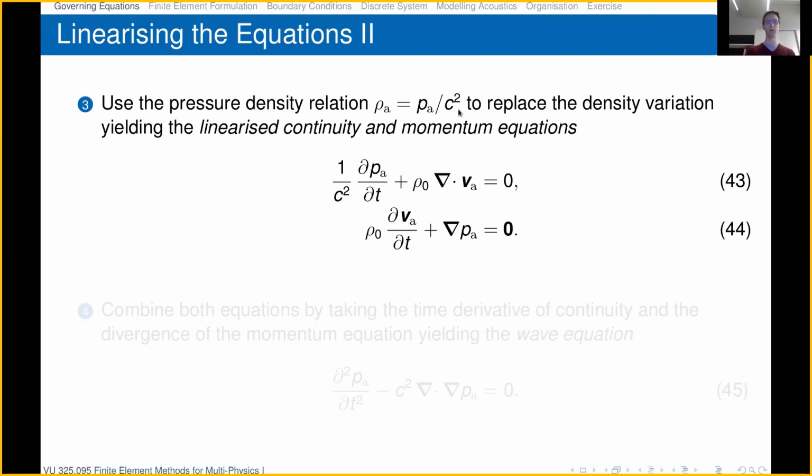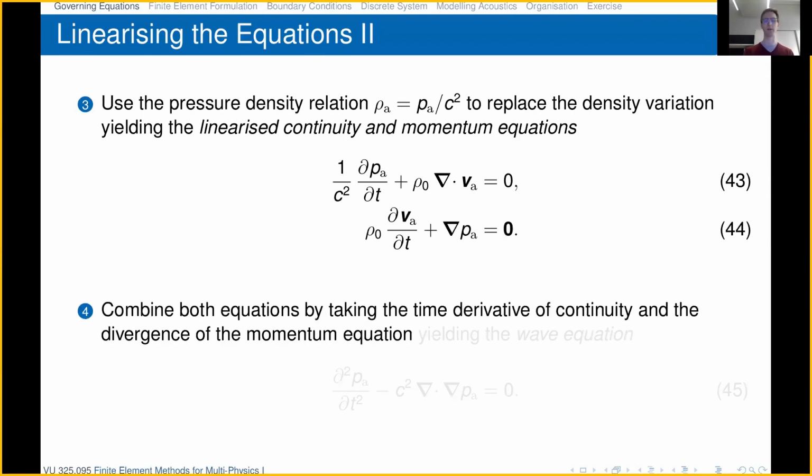So if we do this, we can obtain the linearized continuity and momentum equations now in two variables, pressure and velocity. And finally, we can combine these two equations by taking the time derivative of the continuity equation. So here, equation 43, we take a time derivative. And for the momentum equation, we can take the divergence.